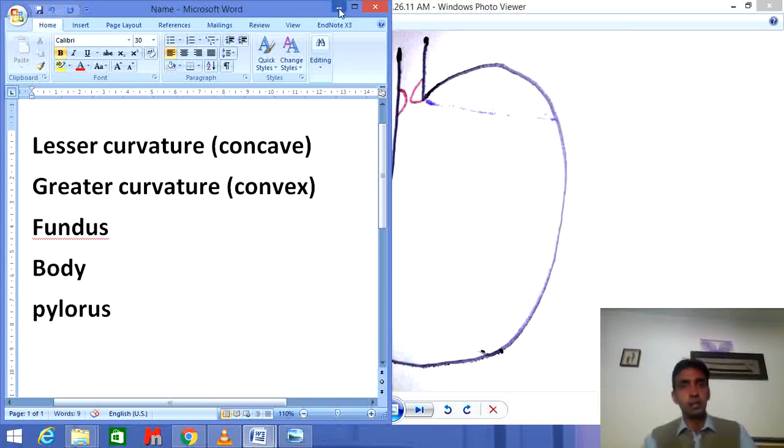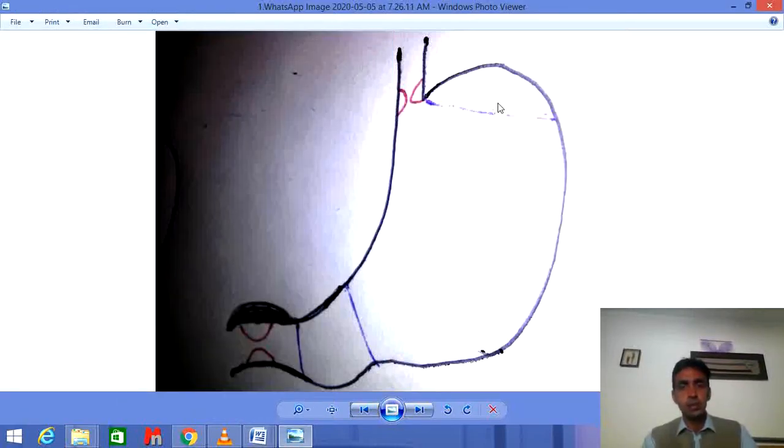Three main parts: the fundus, the pylorus, and the body. The pylorus is further divided into two main parts.